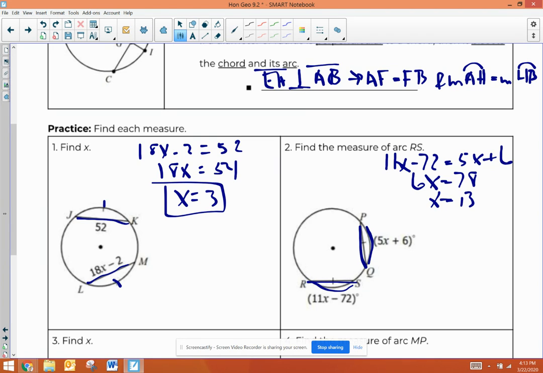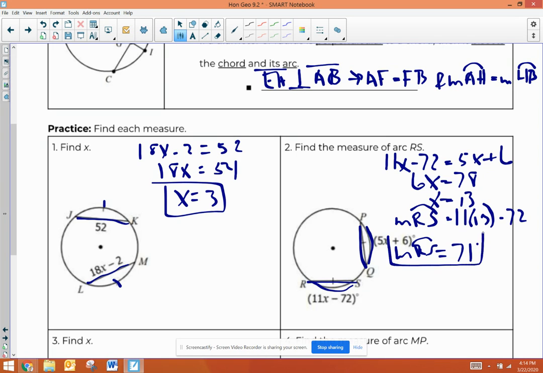But that's not what the question's asking me. The question's asking me to find the measure of arc RS. So the measure of arc RS will be 11 times 13, minus 72, which is 71 degrees. So remember, these are degrees. Label them as such.